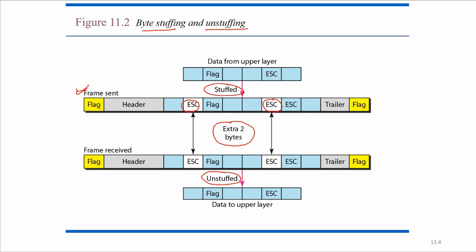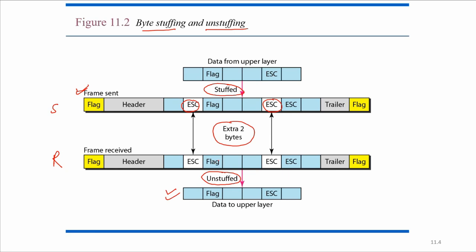This is done at the sender side, and at the receiver side the frame is received. After receiving the frame, unstuffing is done, meaning removing the extra part that we have added. The extra escape is removed, and the headers, trailers and flag are removed, so overall this is the data that is received.